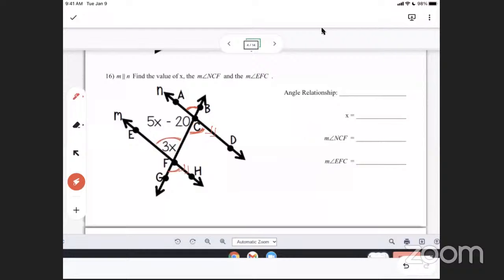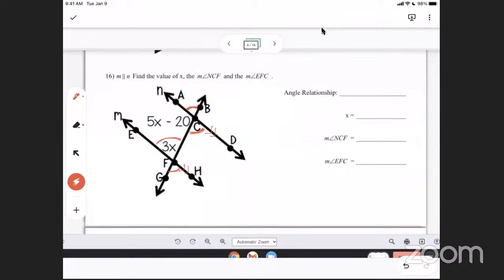Yep, or you could say alternate interior. And then how about this and this? That is alternate exterior. Perfect. And then how about this and this? We just did it. That's a vertical.